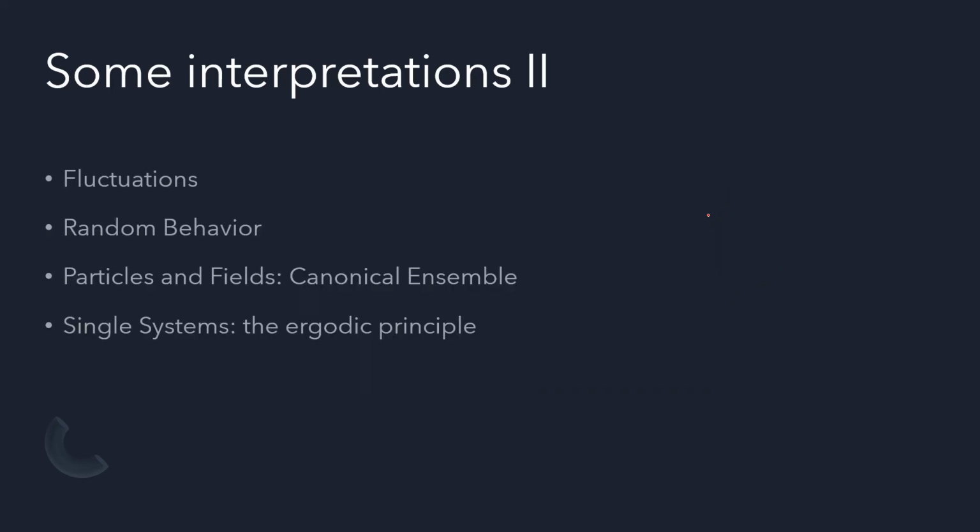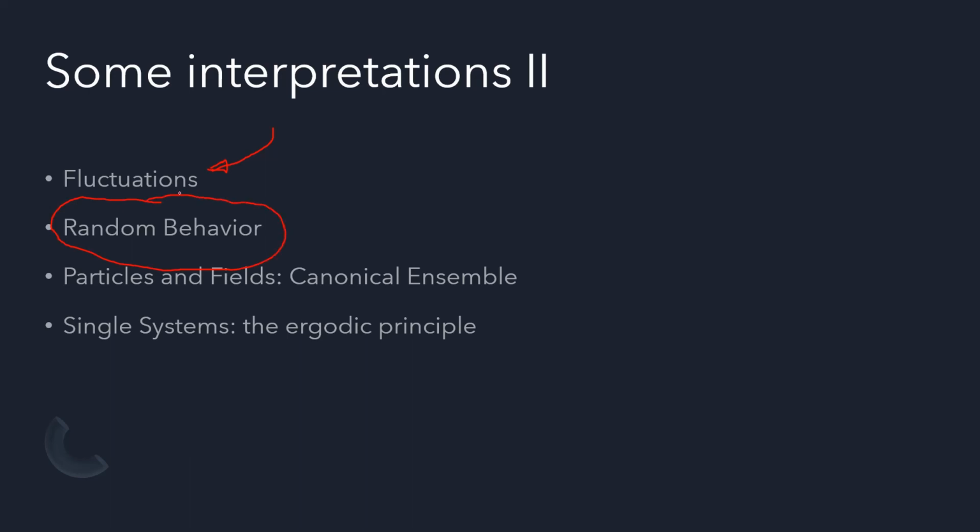Now we can talk very confidently about fluctuations. We have just shown mathematically that quantum mechanics is indeed related to fluctuations. And of course, if we are talking about fluctuation, we guess that we are talking also about random behavior.